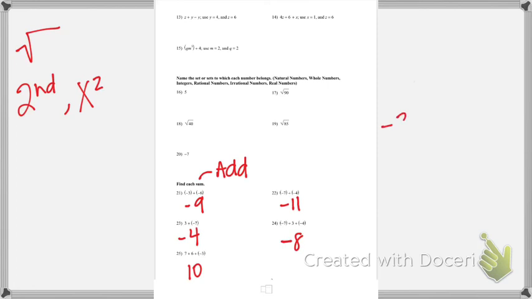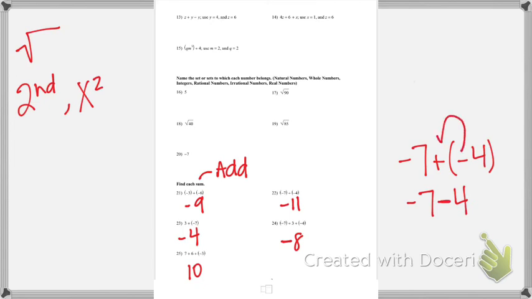So -3 plus -6 is the exact same thing as me saying -3 minus 6. Or -7 plus -4 is the same thing as me saying -7 minus 4, because this trumps that.